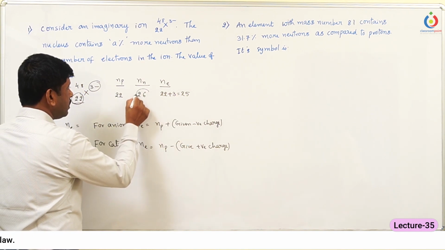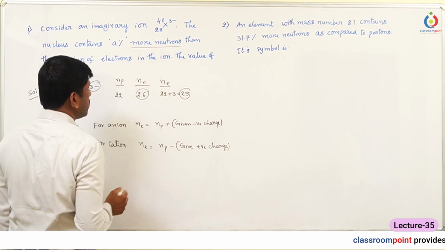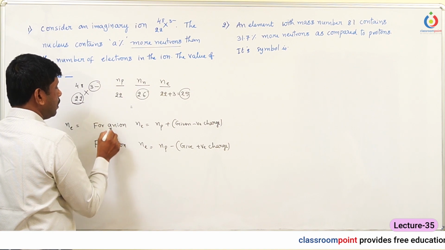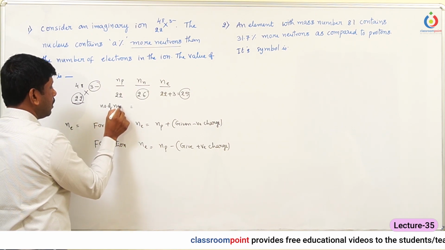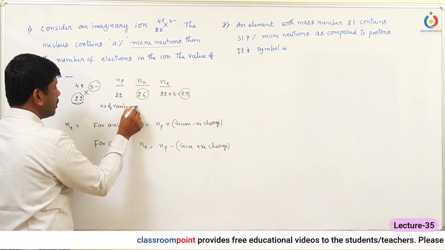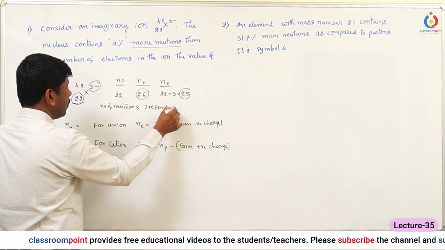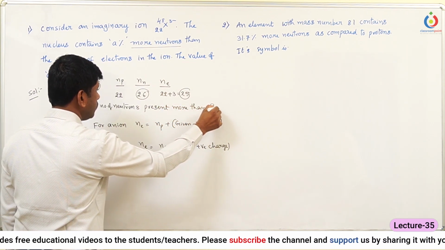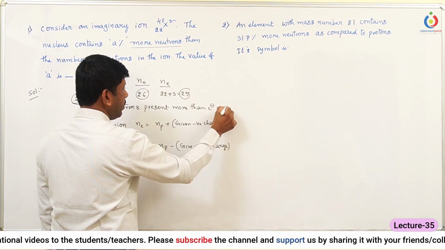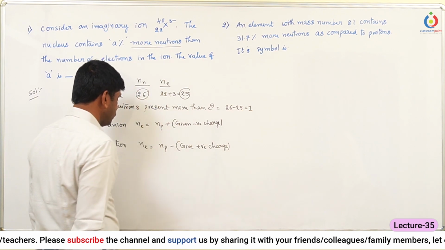So what is the difference in this value? Because they asked how many more neutrons are present. Number of neutrons present more than electrons equals 26 minus 25, which is only 1.